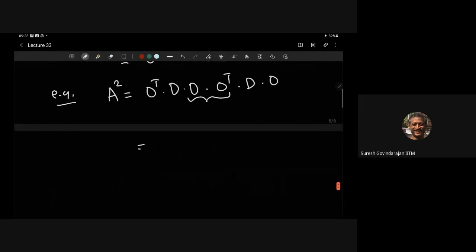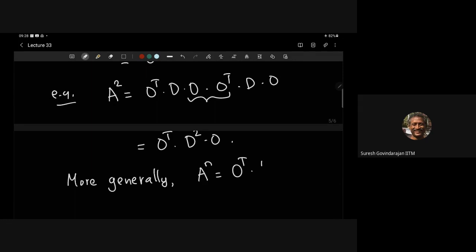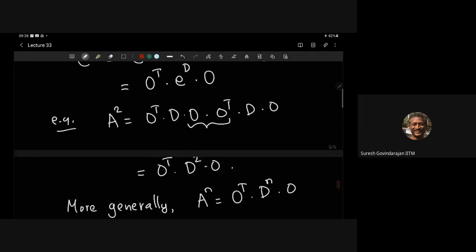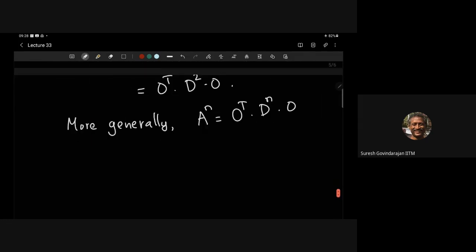So this is equal to O transpose D squared O. More generally, it says the same. So this is what we get.